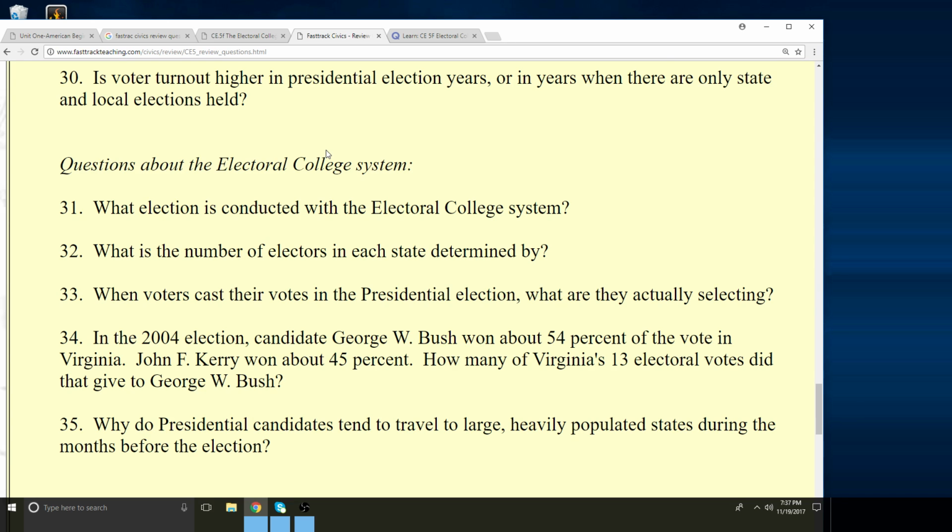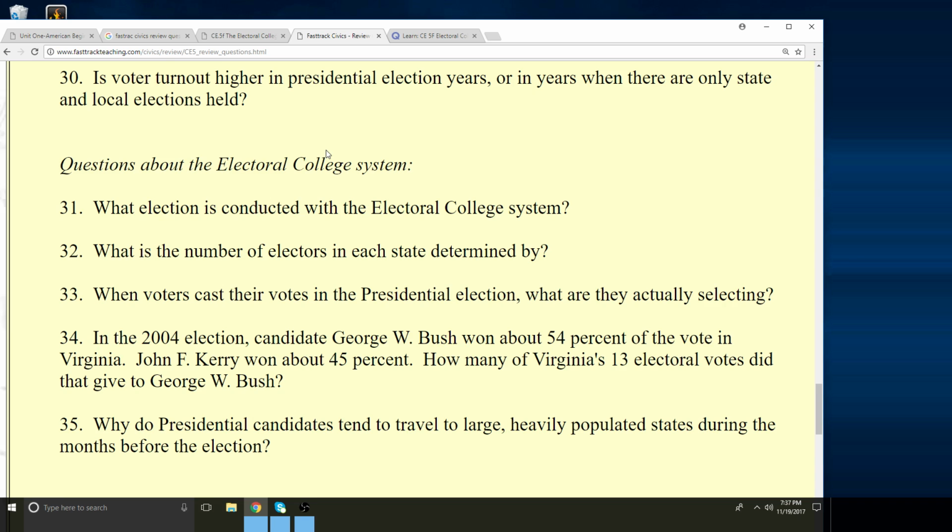And what everybody writes down is population. While population plays a factor, because it tells us how many representatives each state has, that's incorrect, because you have to add the 2 senators. The amount of electoral votes per state is based on the state's congressional representation.